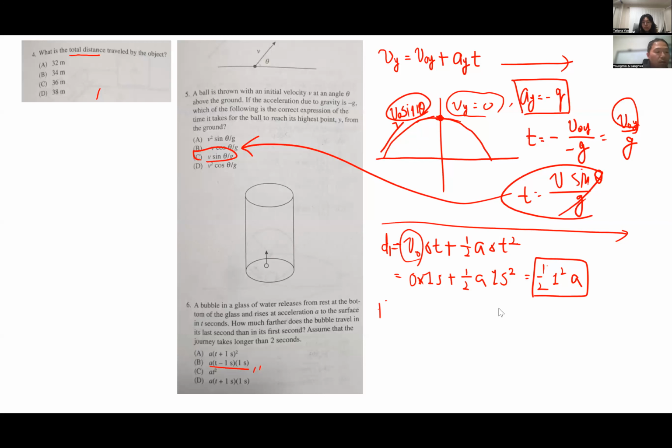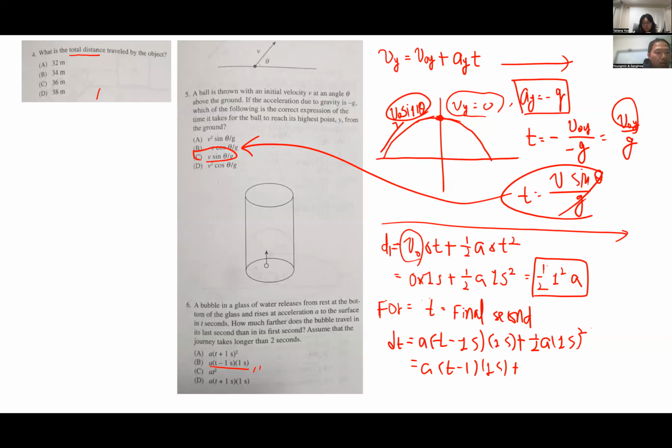For the final second, the travel distance dt is a times (t minus 1 second) times 1 second plus 1/2 a times 1 second squared. So that is a(t minus 1) times 1 second plus 1/2 times 1 second squared times a.